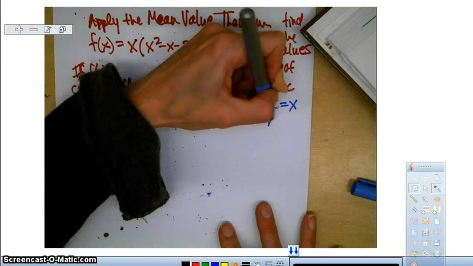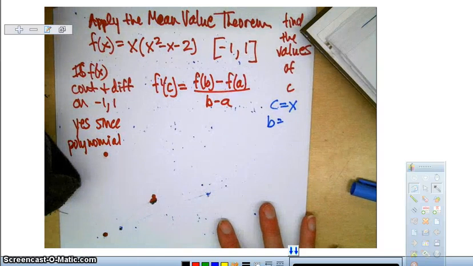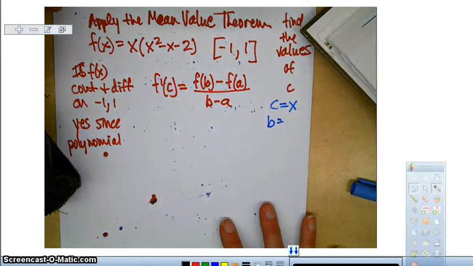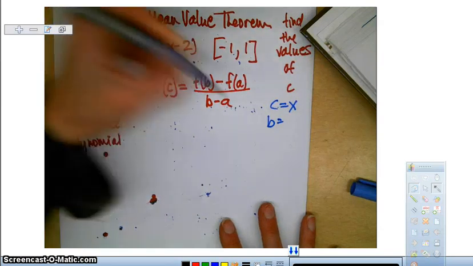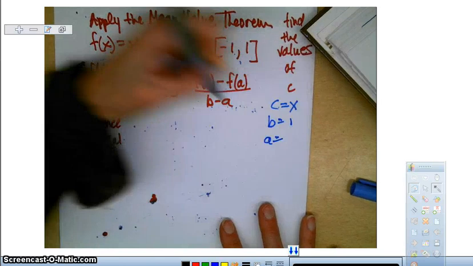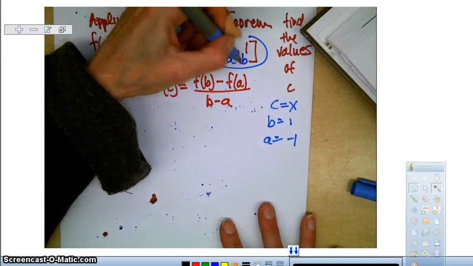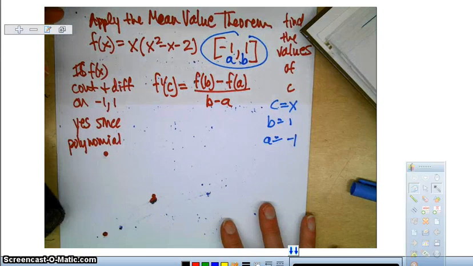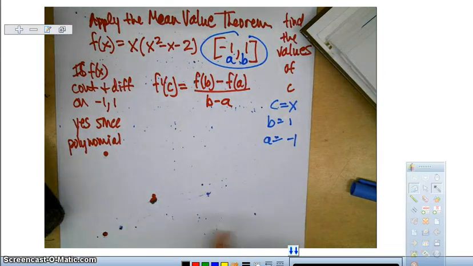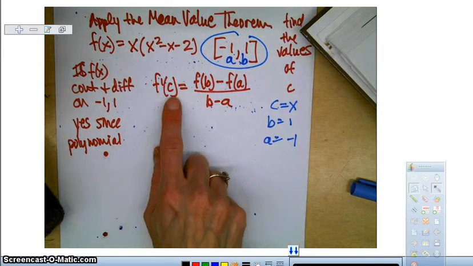What's your b value? Your b value is the end of your interval, 1, and a is negative 1. The interval they give you is the a and b. So f prime of c, well, c is going to be x.